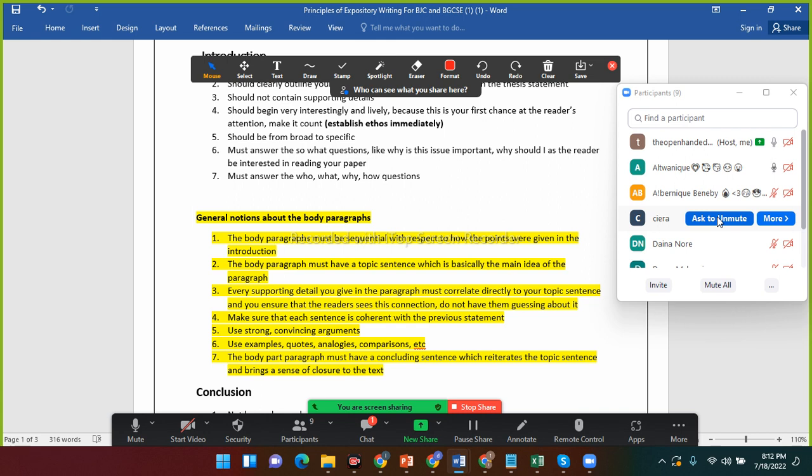Every supporting detail you give in a paragraph must correlate directly to your topic sentence. Yeah, it must correlate directly to your topic sentence. So that means, and this is very important, everything you say in your paragraph must correspond or correlate to your topic sentence.